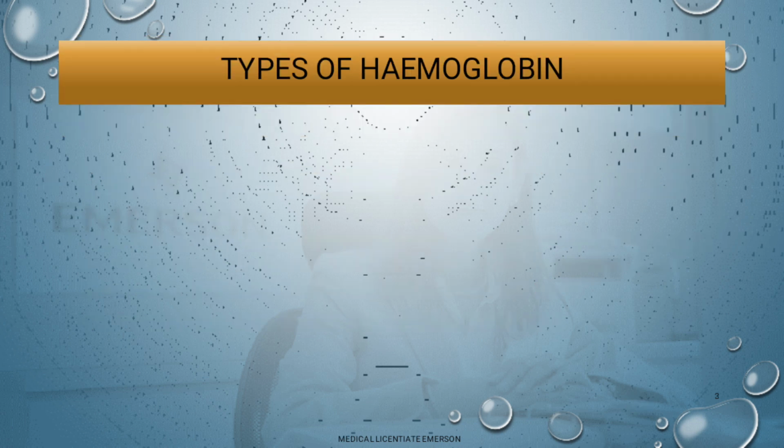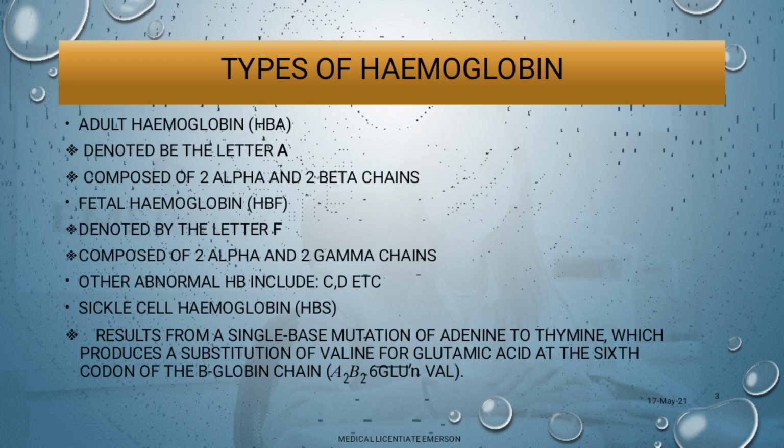Then in terms of types of hemoglobin, we have the adult hemoglobin, denoted by the letter A, HbA, which is composed of two alpha and two beta chains. Then we have fetal hemoglobin, denoted by the letter F, composed of two alpha and two gamma chains. Other abnormal Hb include HbC, HbD, and of course others as well.